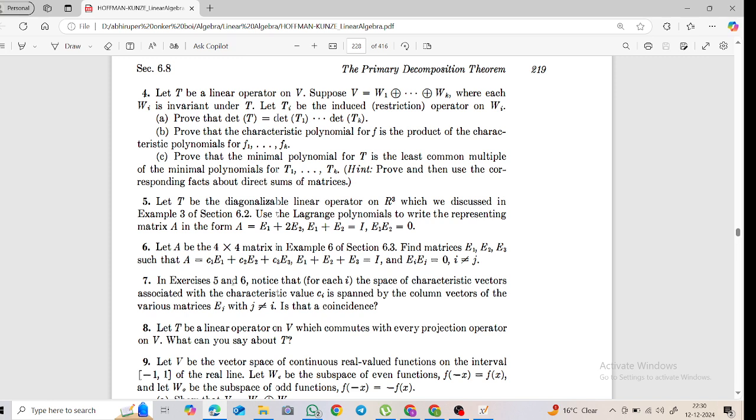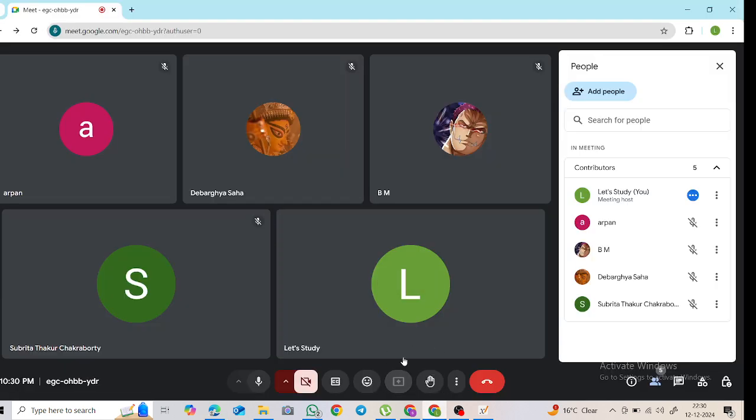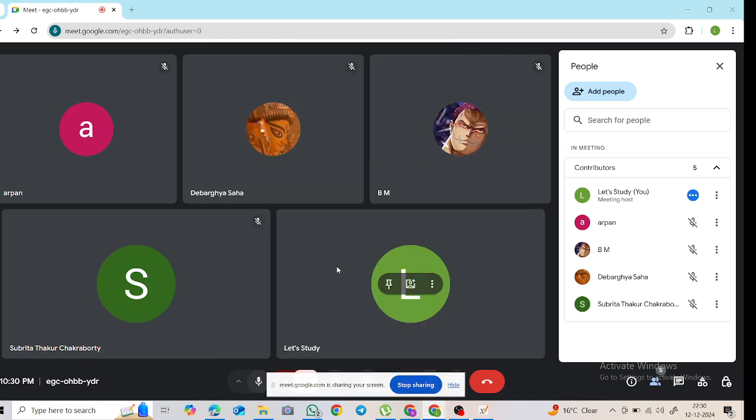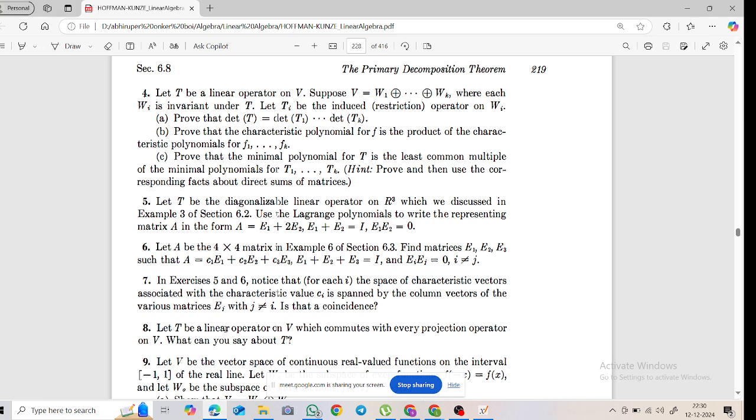So how should we approach 5? T is the diagonalizable linear operator on R cube, which we discussed in example 3 of section 6.2.